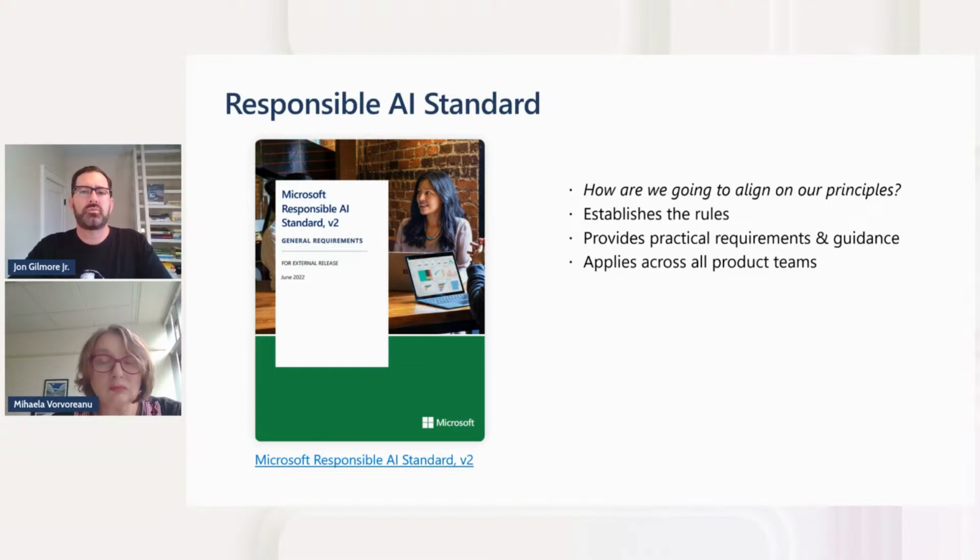The standard sets the rules for engagement, but there is room for adaptation and accommodation. With responsible AI, there is no magic wand or simple formula that applies to all product teams. What may be responsible in one context may not be in another context.